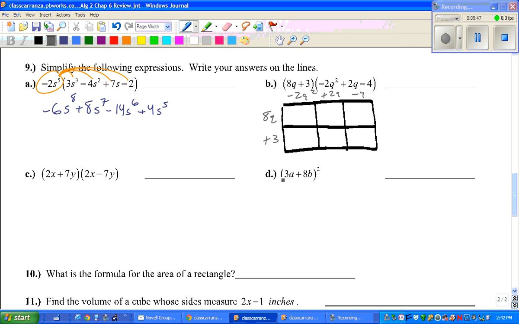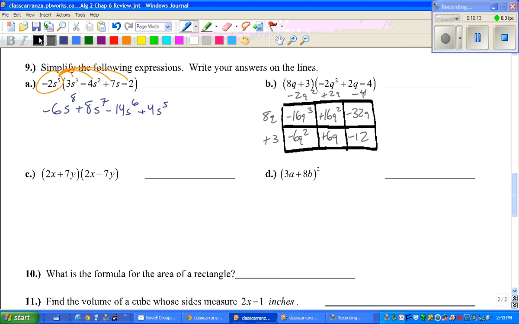Okay? And now all you do is just multiply inside. So you get negative 16q cubed plus 16q squared minus 32q and then minus 6q squared plus 6q minus 12.